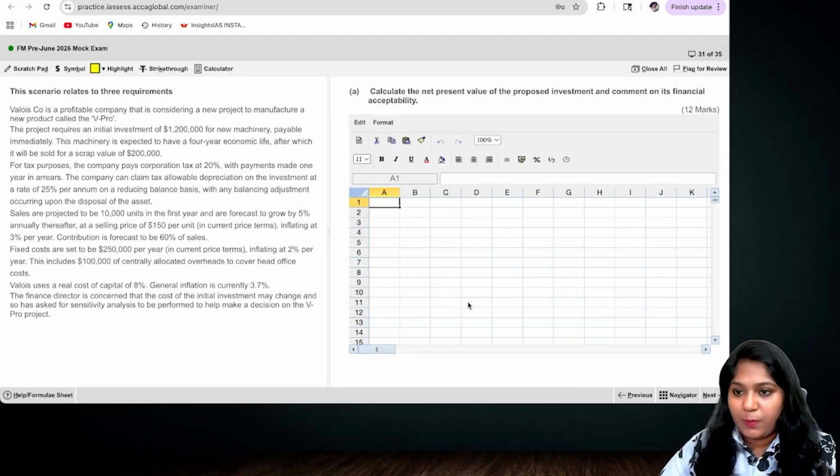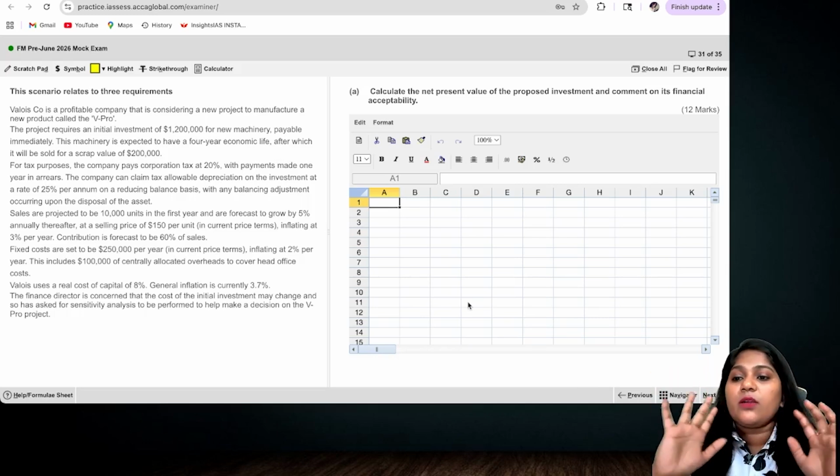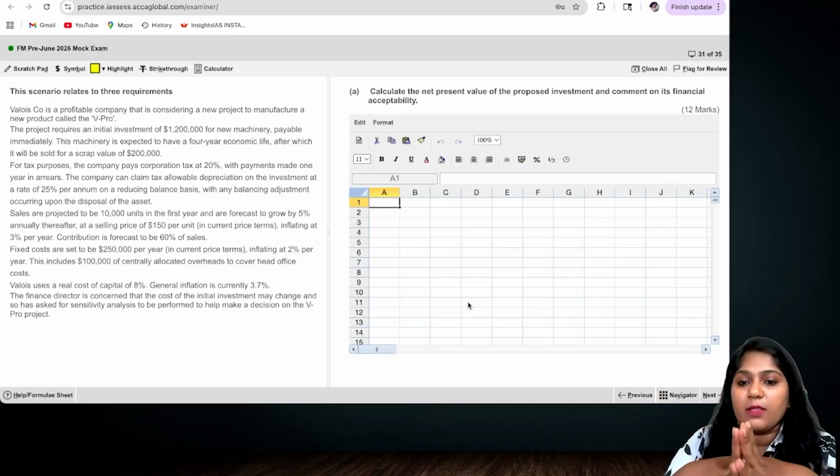For the purpose of tax, the company pays corporation tax at 20% with payments made in 1 year arrears, and we can also claim tax allowable depreciation on that investment at 25%, reducing balance method, with any balancing adjustment happening at the disposal of the asset.